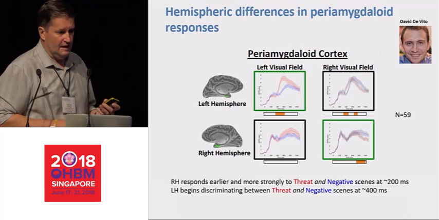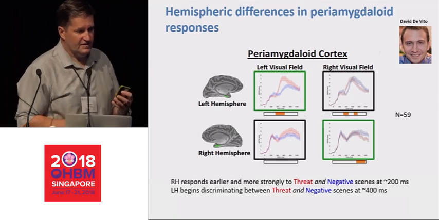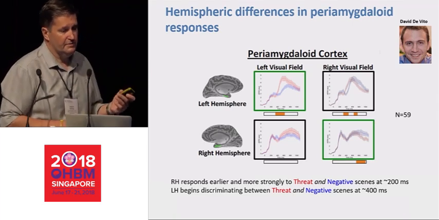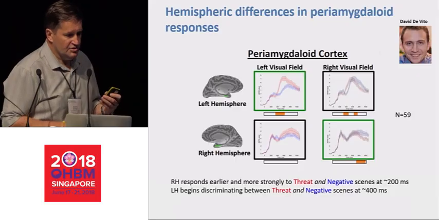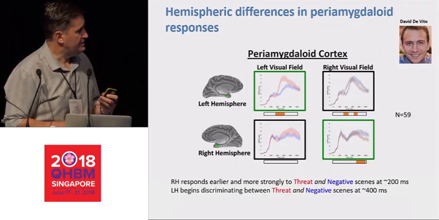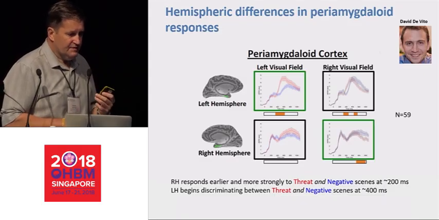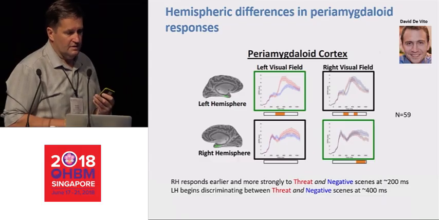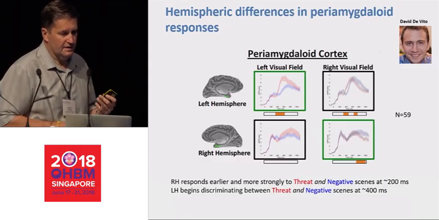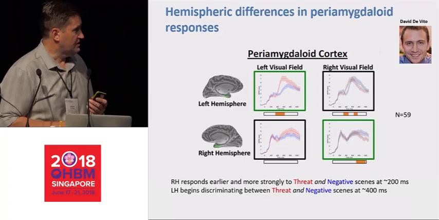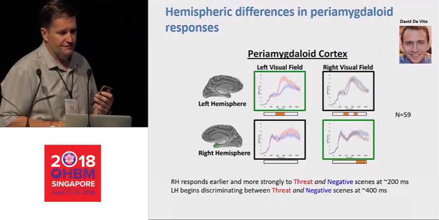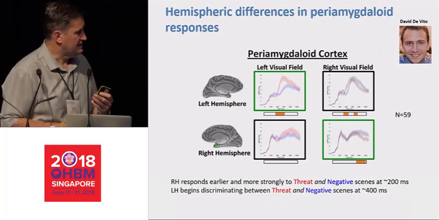Now, as far as the MEG activity, we extracted activity from the periamygdaloid cortex label, shown here, from each hemisphere. And basically, the upshot is that the right hemisphere amygdala, or amygdaloid complex, whatever you want to call it, responds strongly to both threat and negative scenes at about 200 milliseconds.